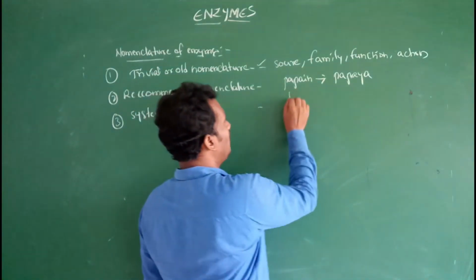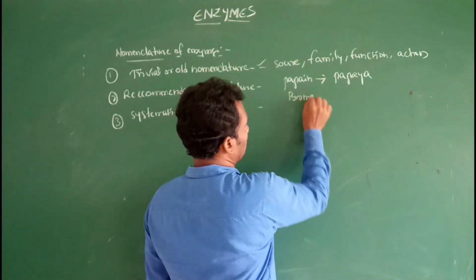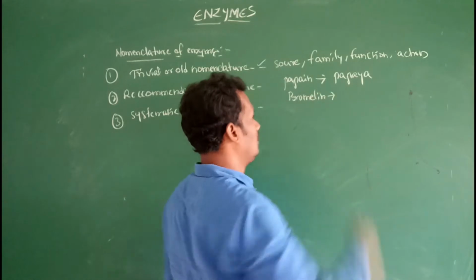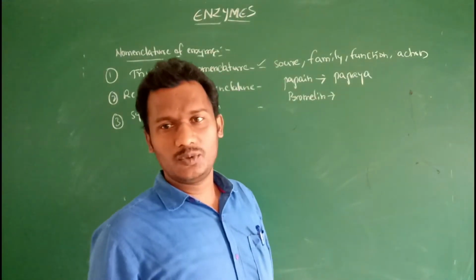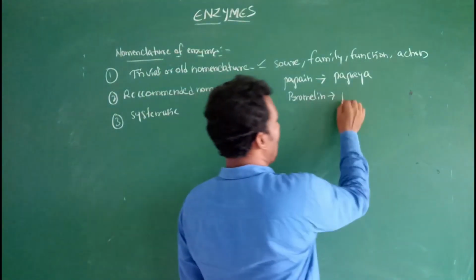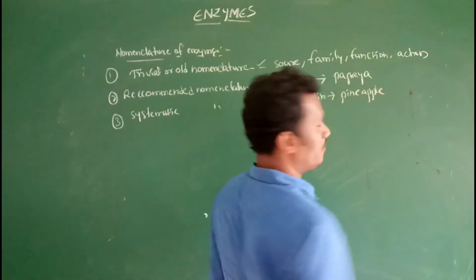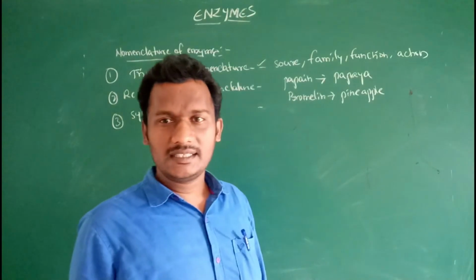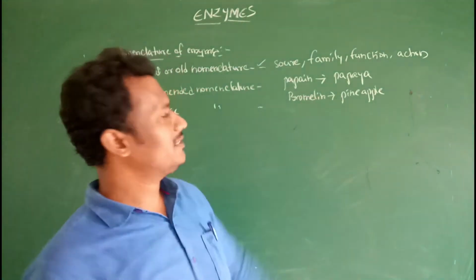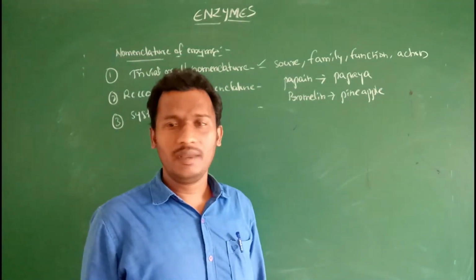Next one, bromelain. For the bromelain enzyme, the source of material is pineapple. Pineapple belongs to the Bromeliaceae family. That's why this enzyme is called bromelain.